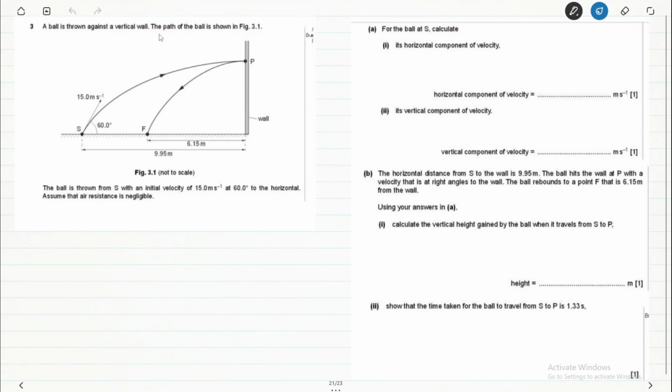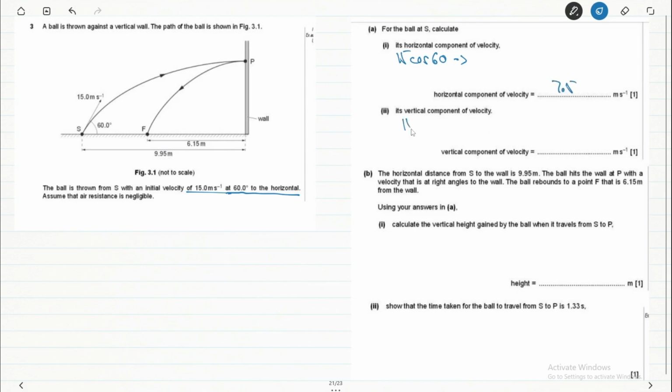The next question is: the ball is thrown against a vertical wall. The path of the ball is shown. The ball is thrown from S with an initial velocity of 15 at 60 degrees to the horizontal. For the ball at S, calculate the horizontal component. So 15 cos 60, which comes down to 7.5.